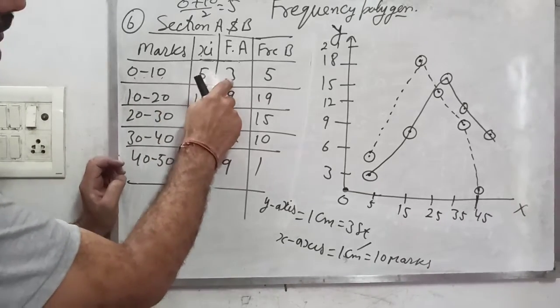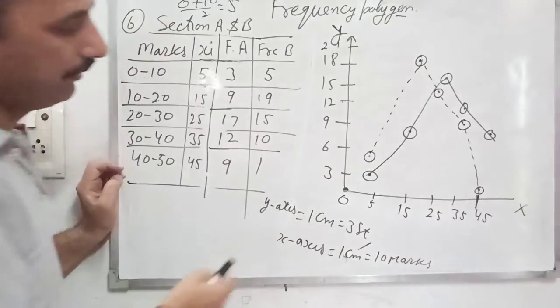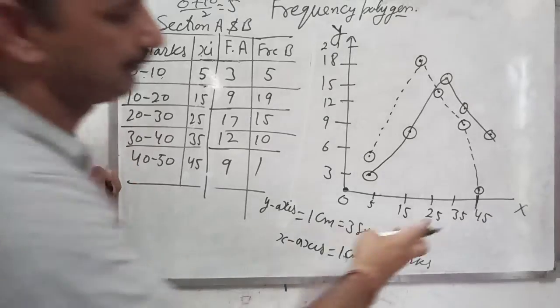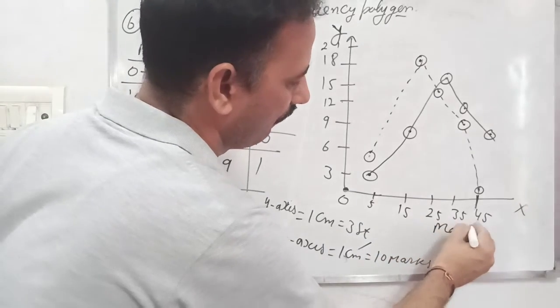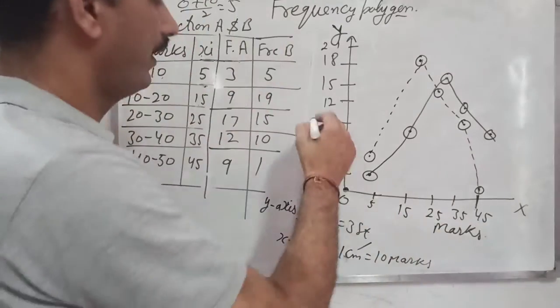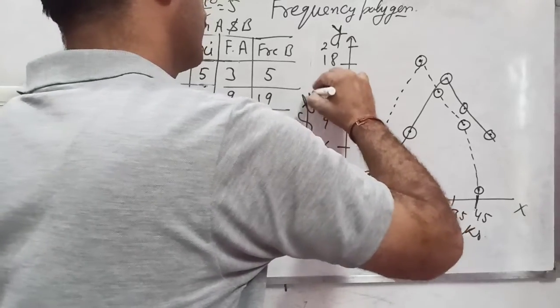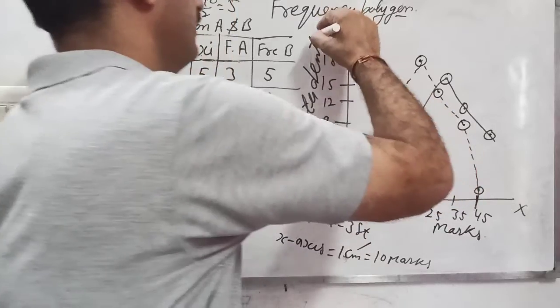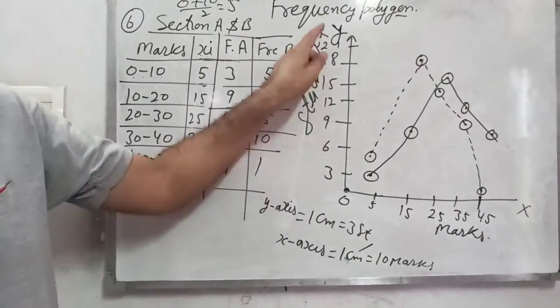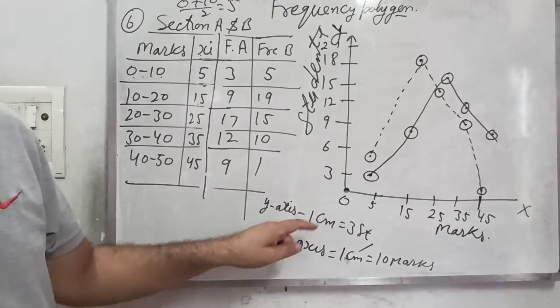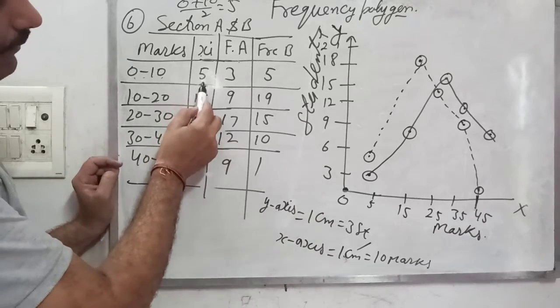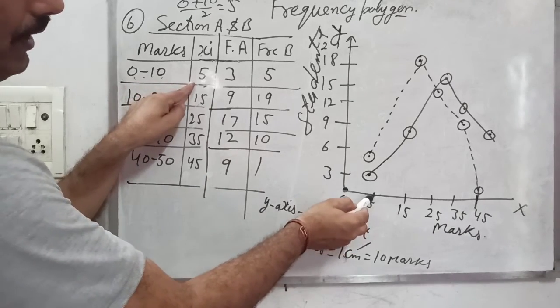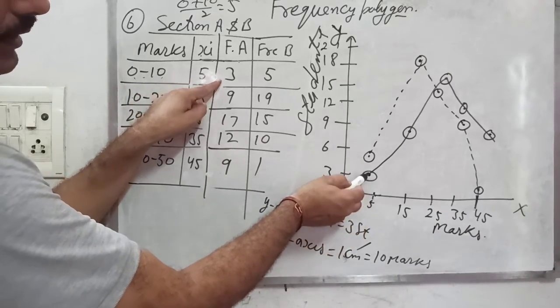On the x-axis we represent marks, and on the y-axis we represent the number of students. Right? So at 5, the frequency is 3.